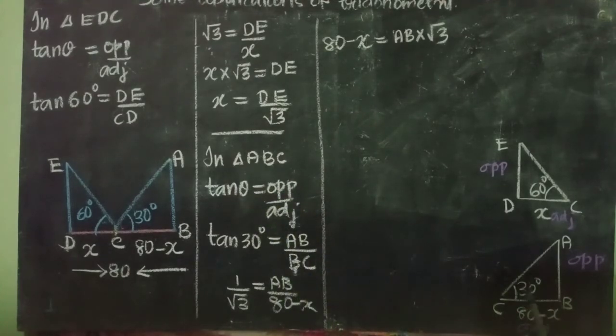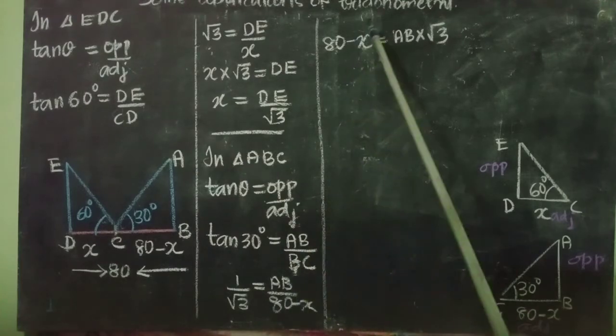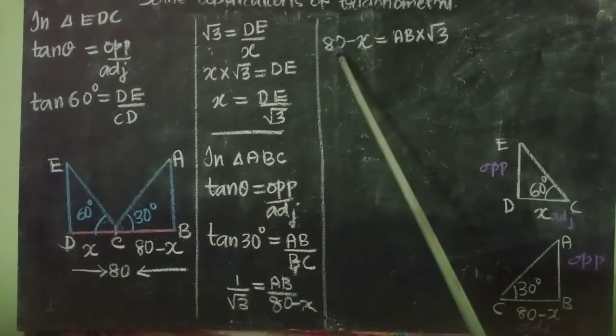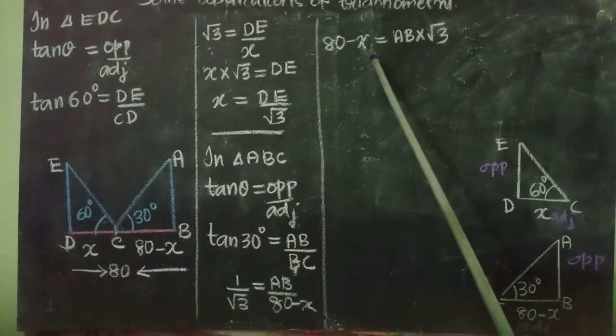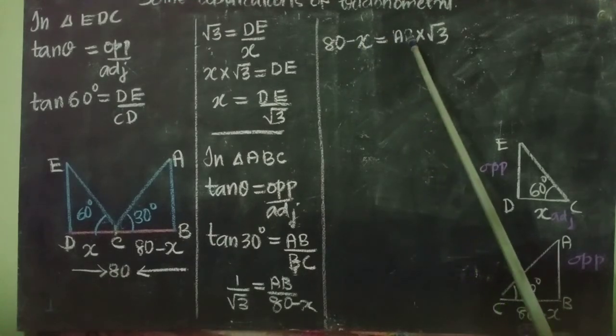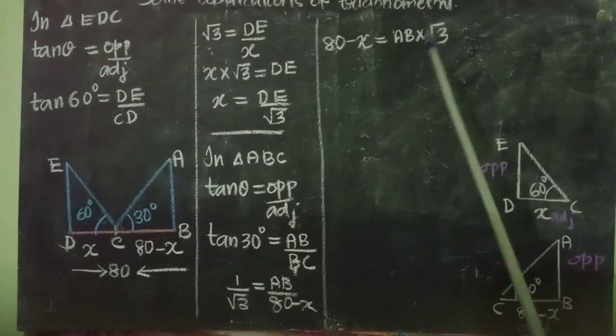Here theta equal to 30 degree. Opposite side is AB, adjacent side is BC. Tan 30 degree equal to AB by BC. That is 1 by root 3 equal to AB by 80 minus x. Cross multiplying, we get 80 minus x equal to AB into root 3.